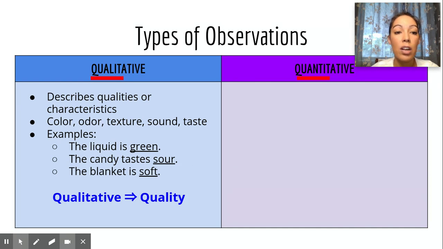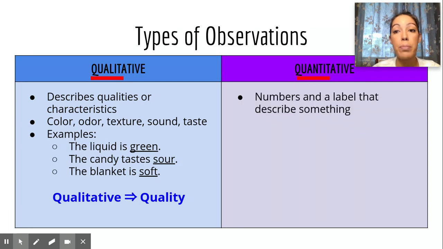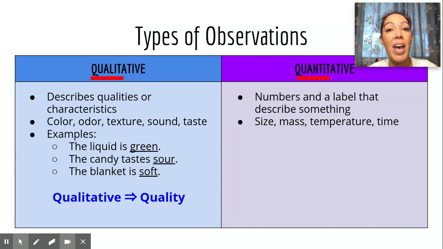So again, qualitative observations describe qualities. Quantitative observations are going to give you numbers. So that's going to be more of a measurement. So a number with a label that describes something. Could be anything from size to mass, temperature, time.